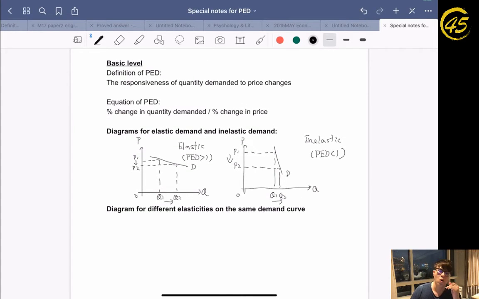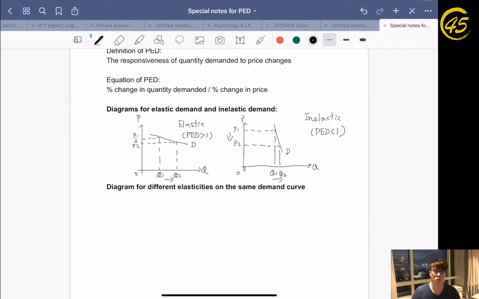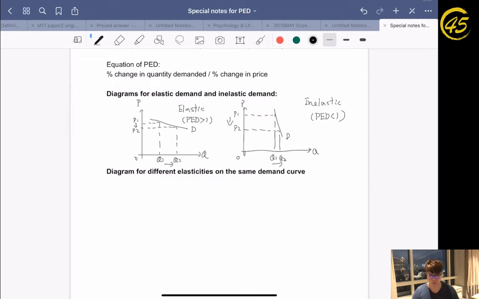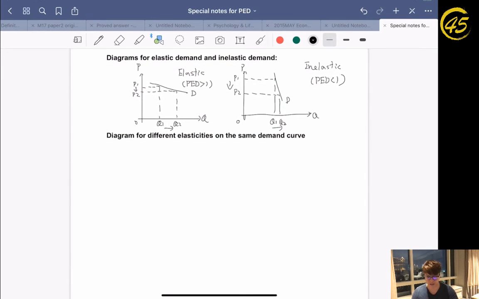Okay, so if we want to show the different elasticity on the same demand curve, we cannot draw the diagrams above. So we should draw a diagram like this.